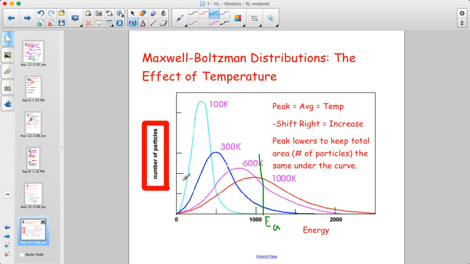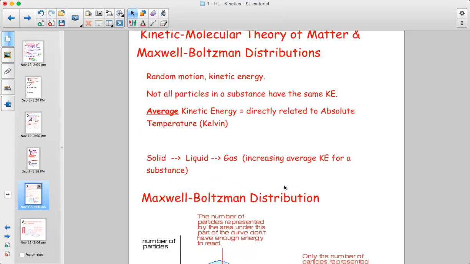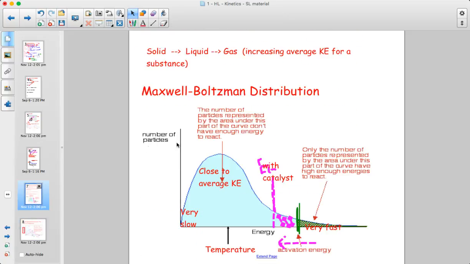So on these Maxwell-Boltzmann distributions, you could be asked to just draw a Maxwell-Boltzmann distribution, labeling number of particles and energy, starting at the origin, bell-shaped curve, and not ever quite touching the x-axis here, adding activation energy with a catalyst, and discussing the connection between the graph and why that makes reactions go faster.